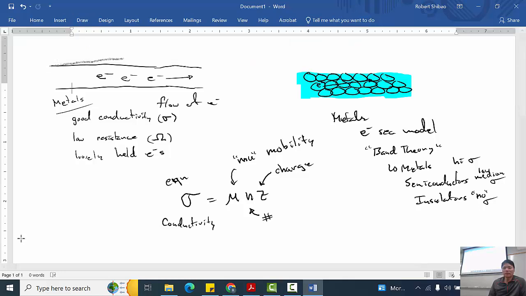People think the nucleus is charged positive, but the nucleus doesn't have mobility. The nucleus is stuck in the middle of these atoms, and it's not mobile. It doesn't have translational motion. So in the electron sea model, the nucleus and the atom is like a pier piling, and the electrons are like the ocean. The electrons can flow around the pier pilings here.